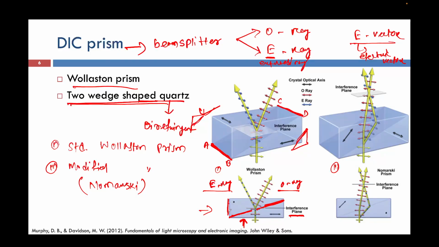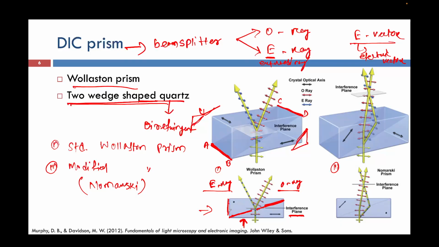That is the difference between the standard Wollaston prism and the Nomarski prism, the position of the interference plane.